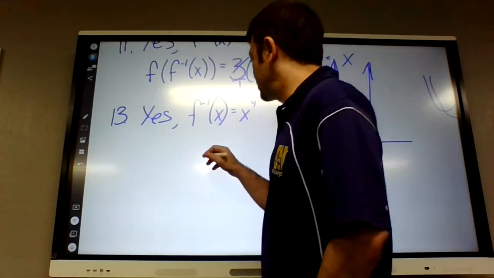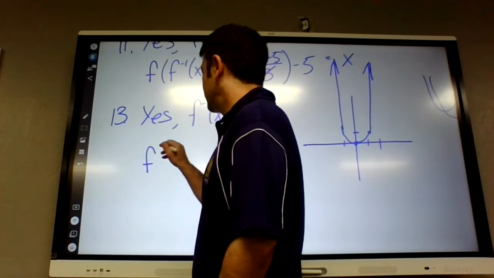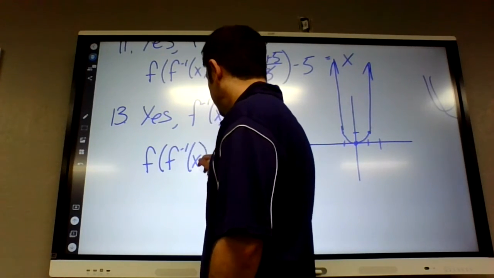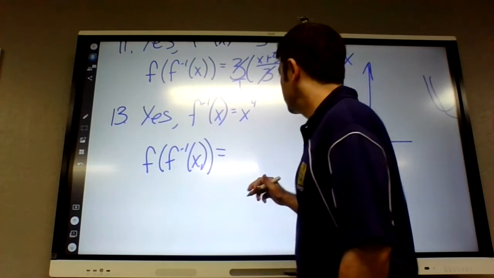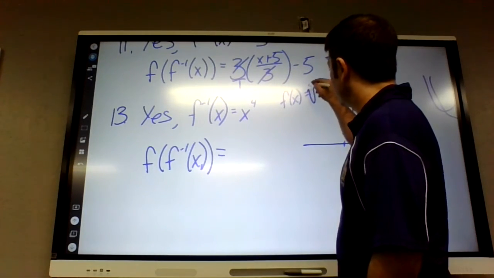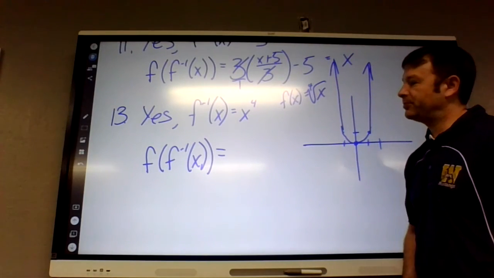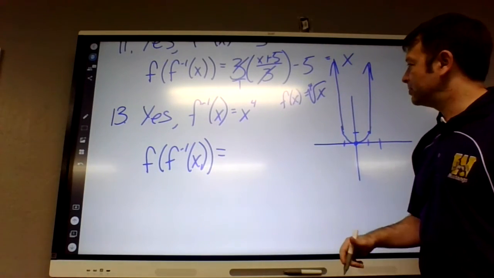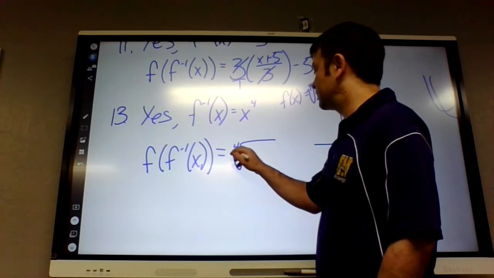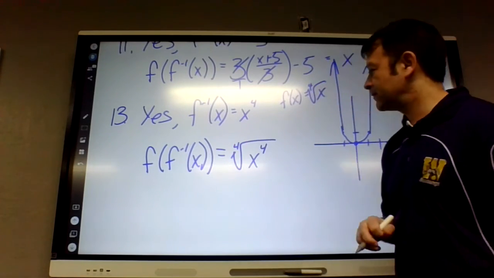All right, so we're supposed to do what is f of f inverse. Now f of x was 4th root of x. This one will be pretty simple. So what is the 4th root of x to the 4th?